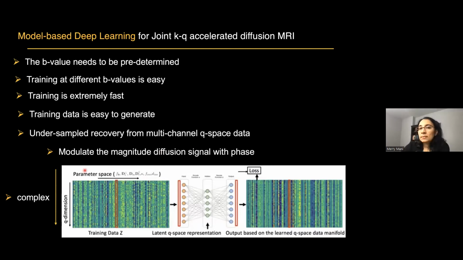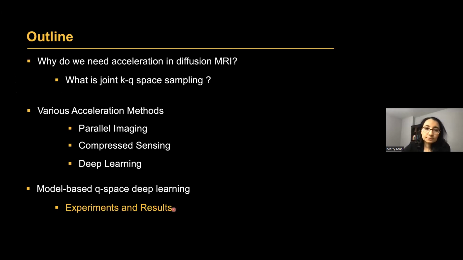So in the original setting that I was discussing, instead of training the autoencoder on the magnitude data, we have to train the autoencoder using complex data. And I can do that by simply modulating my magnitude data with different random phases, so that the training data is complex and it can handle the complex reconstruction from the multi-channel k-space data.